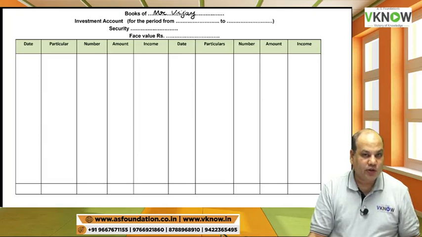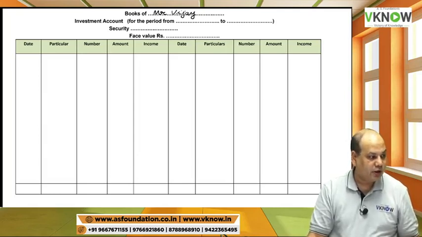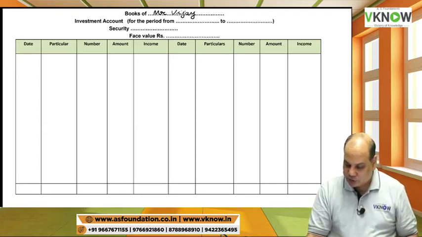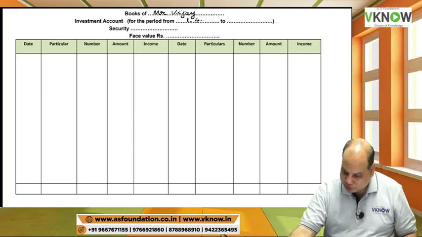Similar to debentures, but we are not going to write interest now, because on shares we don't get interest. Investment account for the period from, now this time 2 years are involved, no problem. What was the date of purchase? 1st January 16.